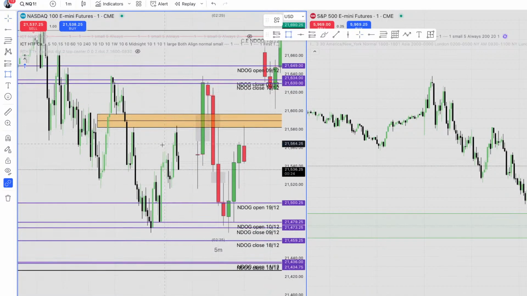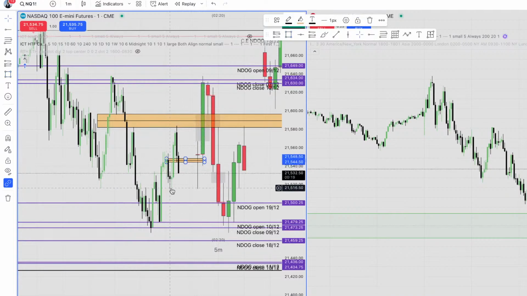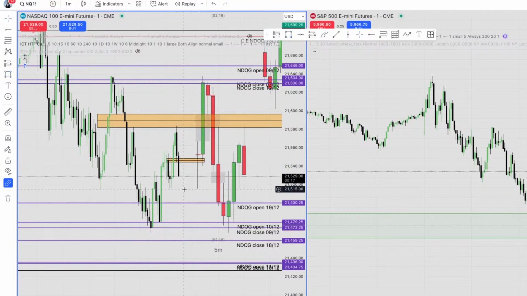There is a 5 minute inversion, but in this case, I won't be entering unless I see a breaker here.